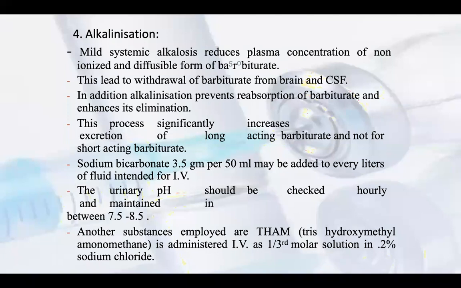Sodium bicarbonate, 3.5 gram per 50 ml, may be added to every liter of fluid intended for IV. The urinary pH should be checked hourly and maintained between 7.5 and 8.5.